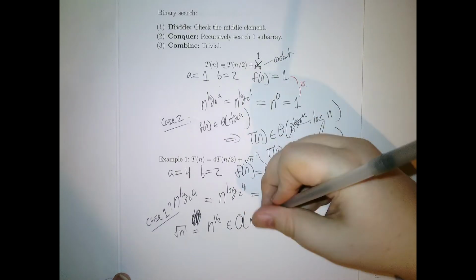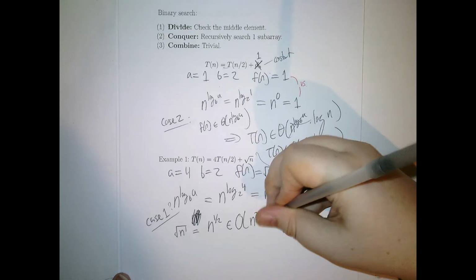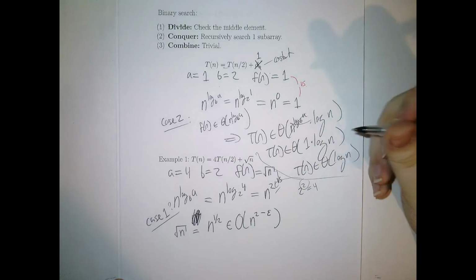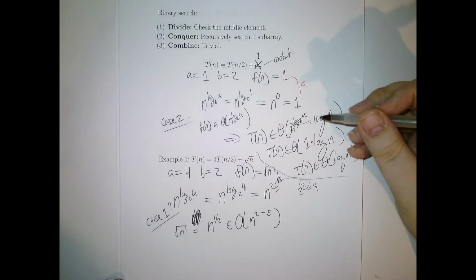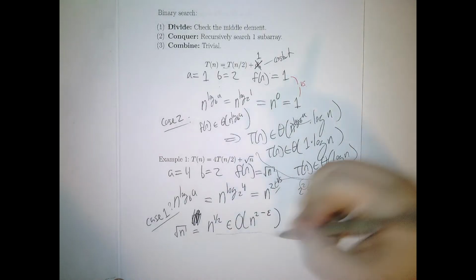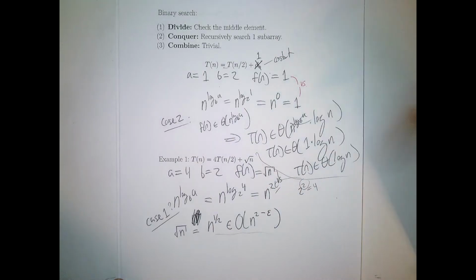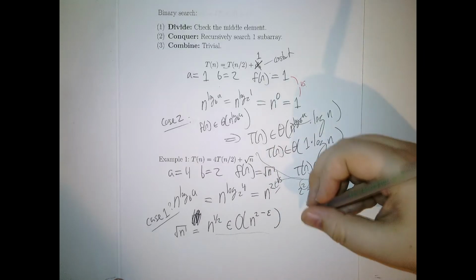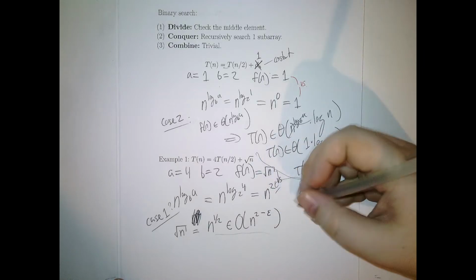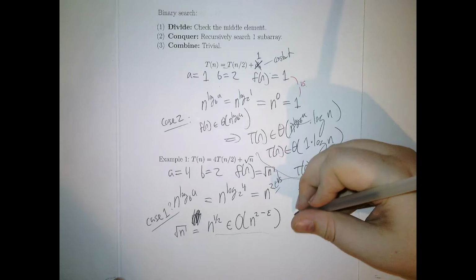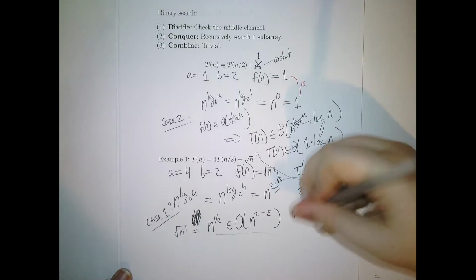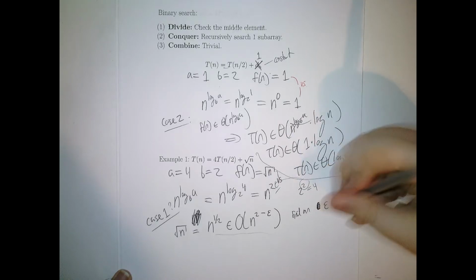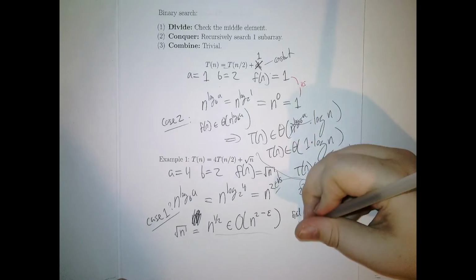And then we had this weird minus epsilon. Okay, so we need to prove this guy. And it turns out we need to not just prove it's true for any epsilon, we need to find an epsilon greater than 0 that makes this true.